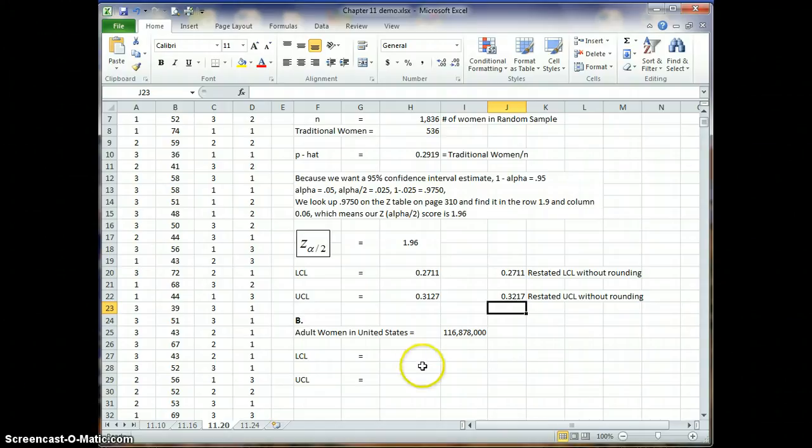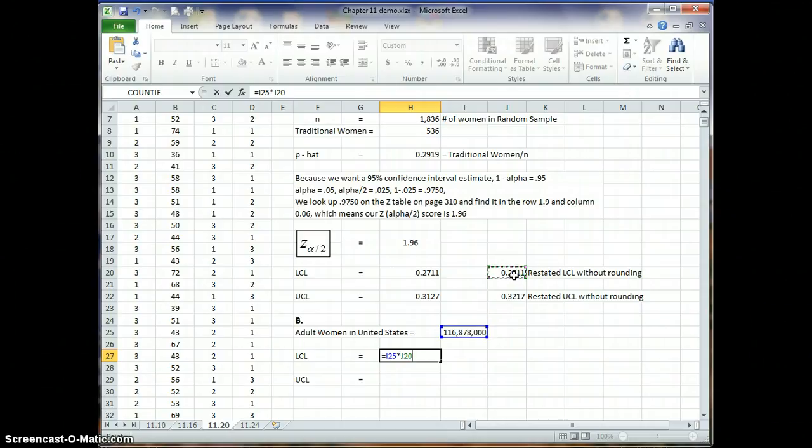So, to get this calculation right, we're simply going to go equal the number of women times the lower confidence limit, and that's going to give us 31,685,626. So that's the lower confidence limit of the traditional segment.